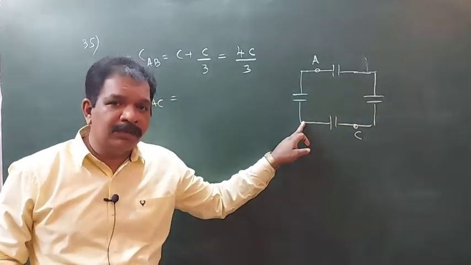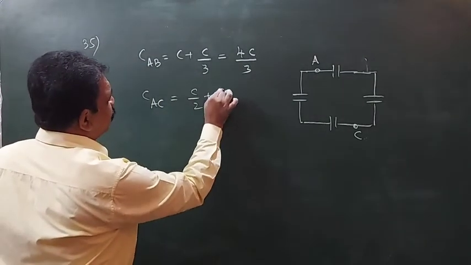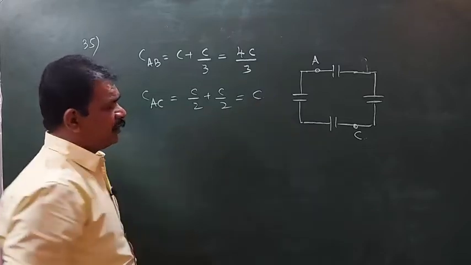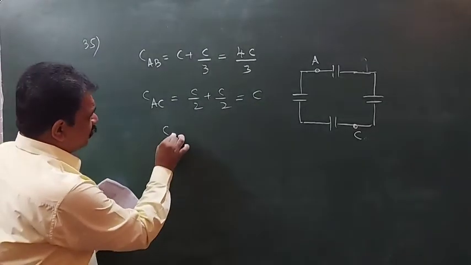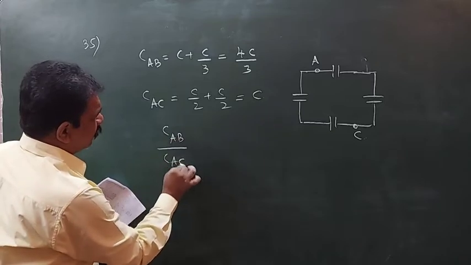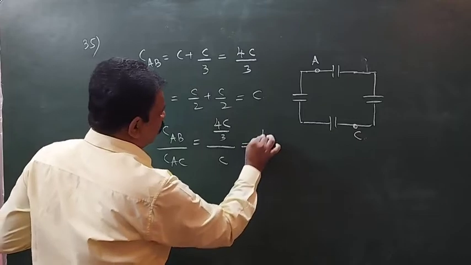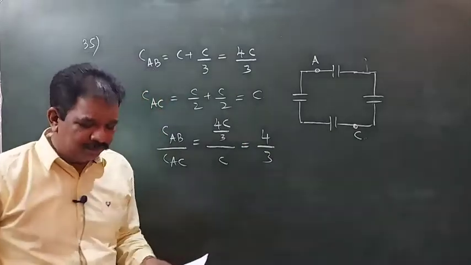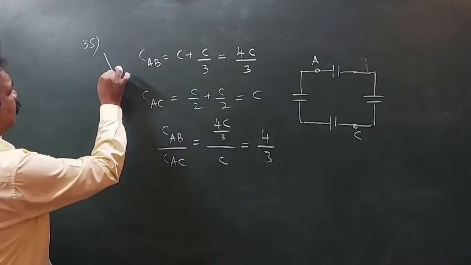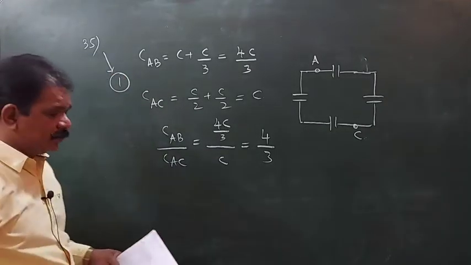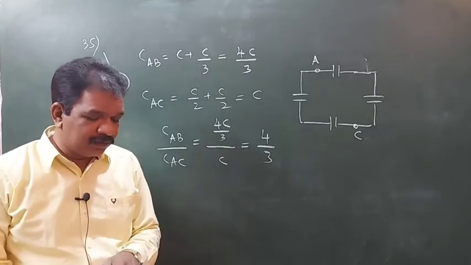These C by 2 are in parallel, so C by 2 plus C by 2 is equal to C. Then CAB by CAC is 4C by 3 by C, this value is 4 by 3. 35 will be the first option. Okay. Next, 36, you see.